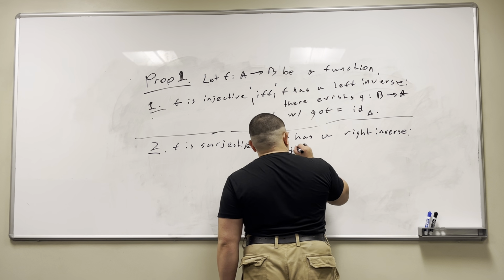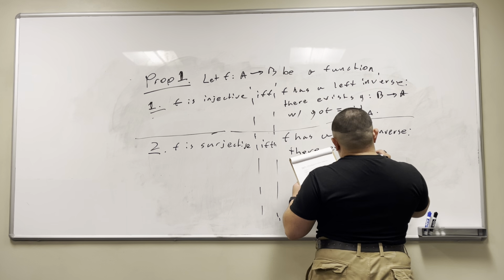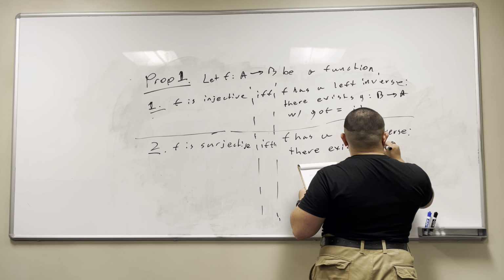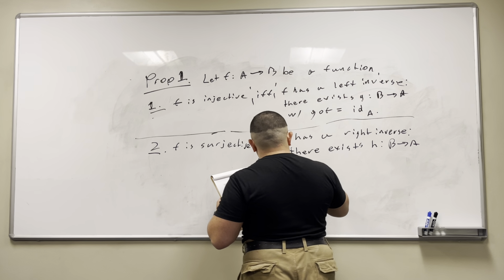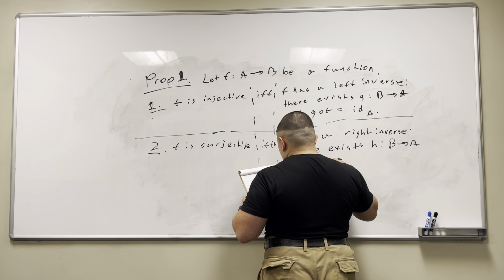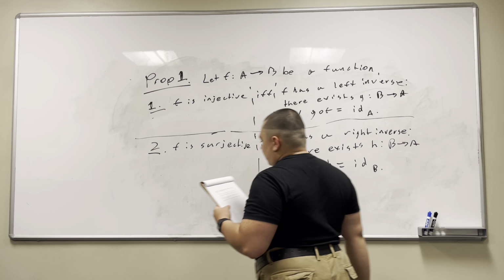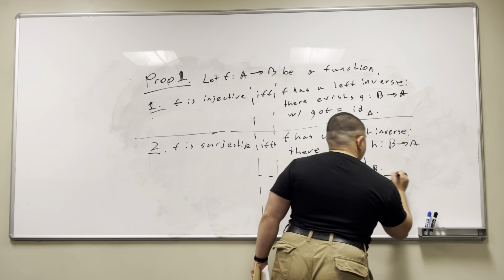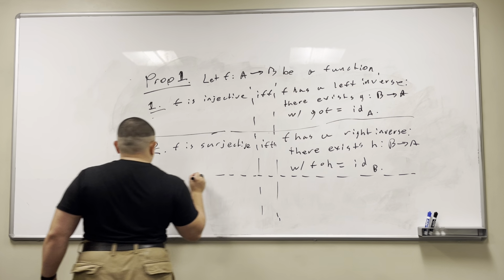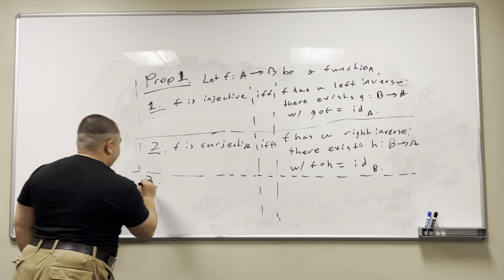There exists h, which maps B to A, with the composition f of h equal to the identity of B. Wrote too big, so now I'm paying the price for that.